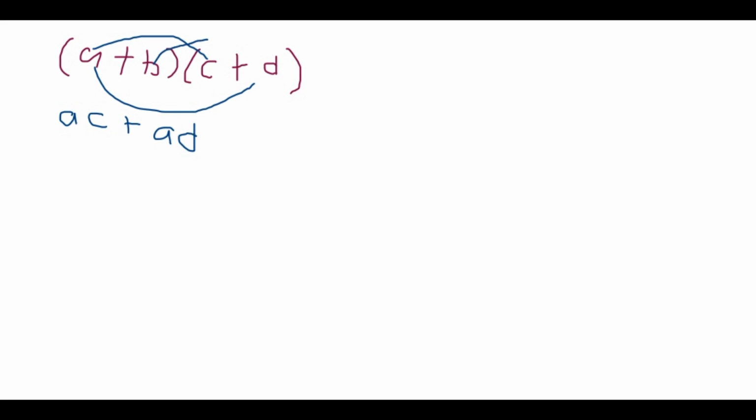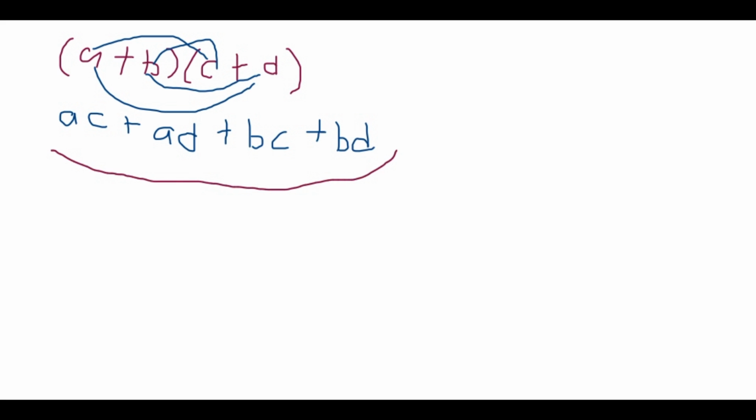B multiply c and it will give bc, and finally b will multiply d and it will give bd. Now notice that there are no like terms in this expression, so therefore this is the expansion of what we have above.